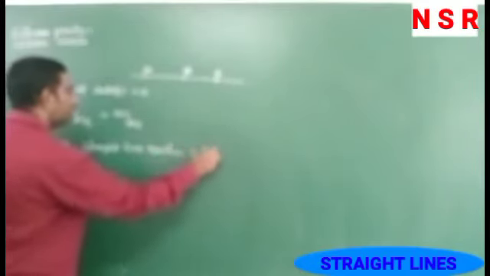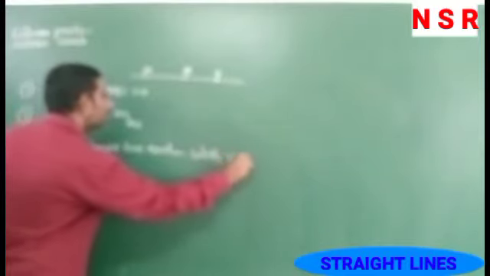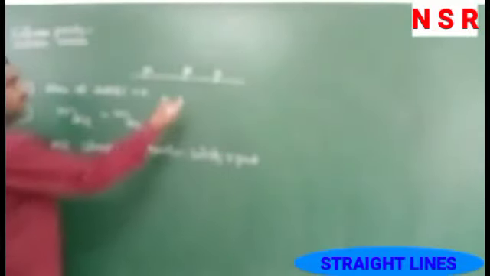First consider any two points. By using those two points, find the straight line equation. We have the two-point form. By using the two-point formula, find the AB straight line equation. After getting the equation, substitute point C in that equation, and if we get 0, at that time also we say ABC are collinear points.